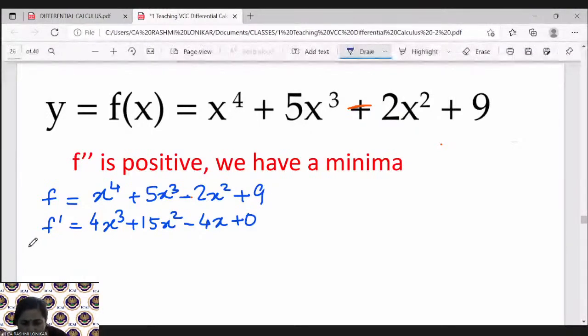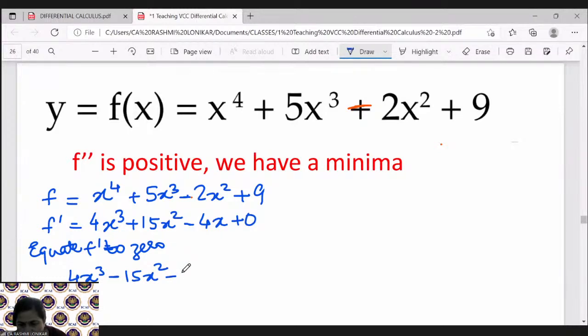Now what do I do? Equate f dash to 0. So I have 4x cube plus 15x square minus 4x is equal to 0. What can I take? x common: x into 4x square plus 15x minus 4 is equal to 0. What does this give me?